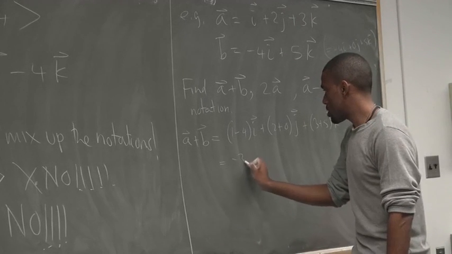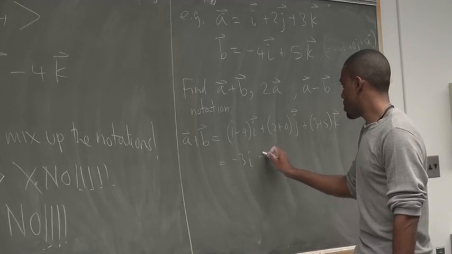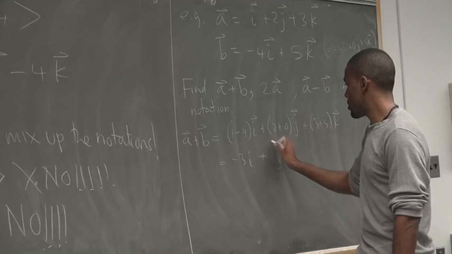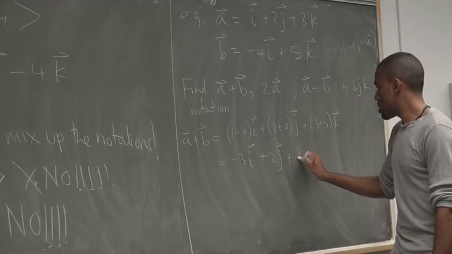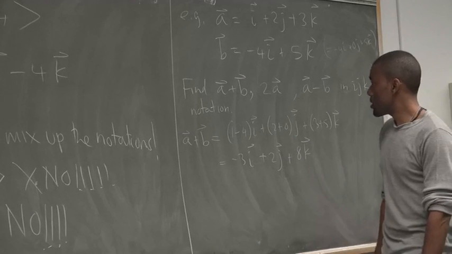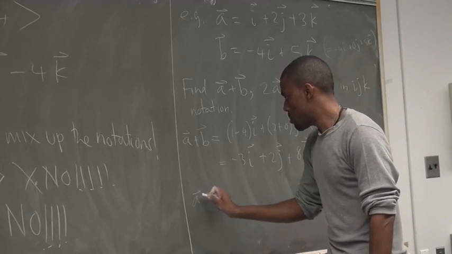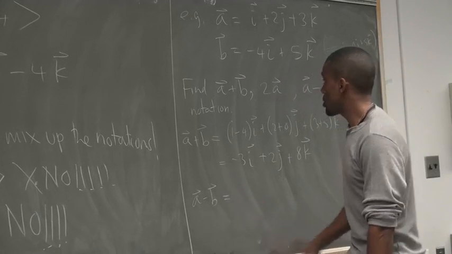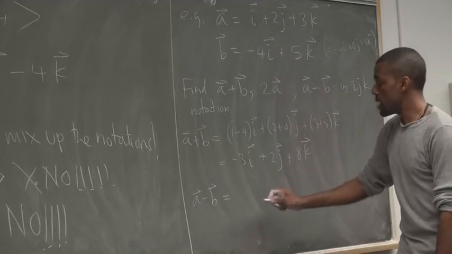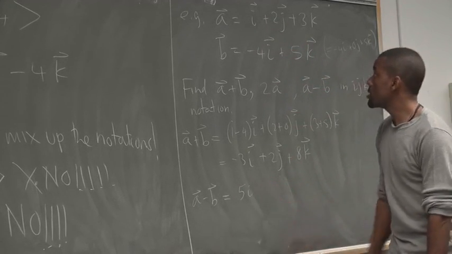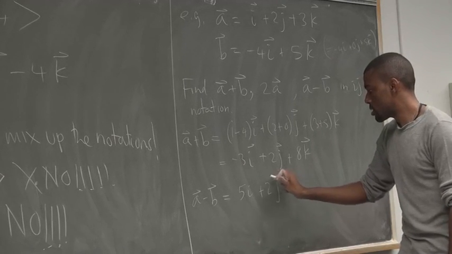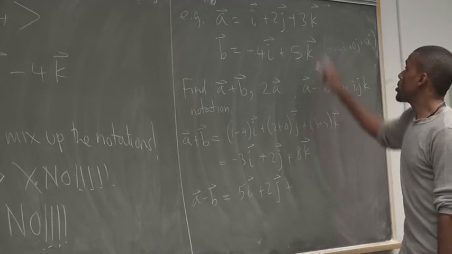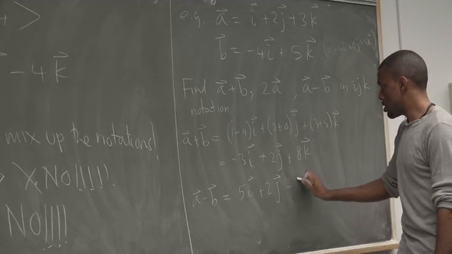So this is minus 3i plus 2j plus 8k. Similarly, a minus b is just this minus that. It's 5i, 2 minus 0, 2j, 3 minus 5, minus 2k.